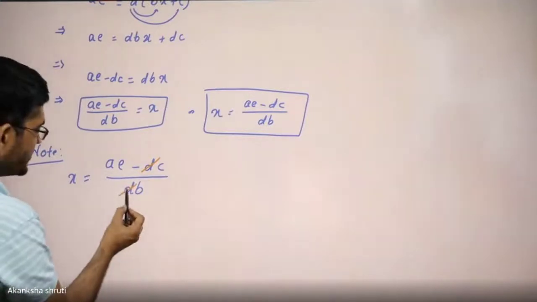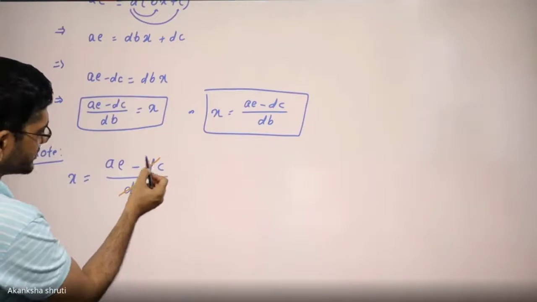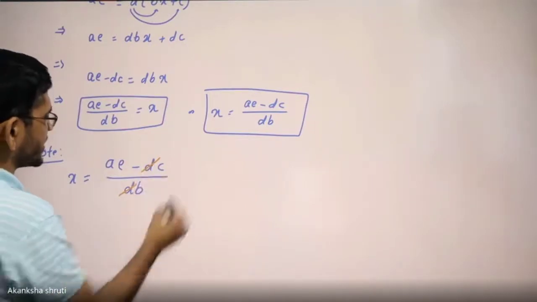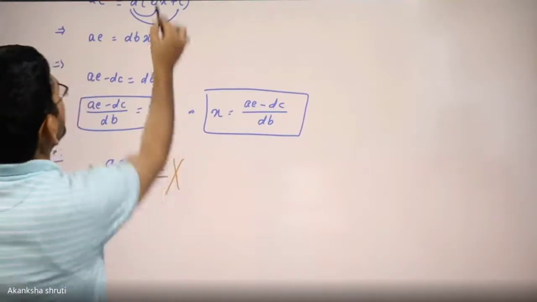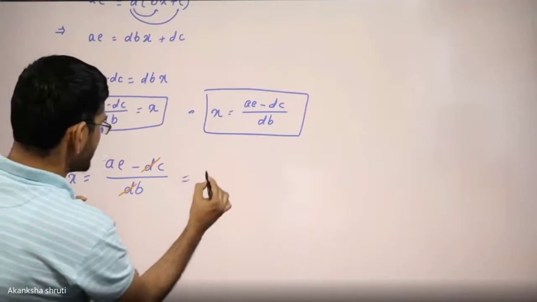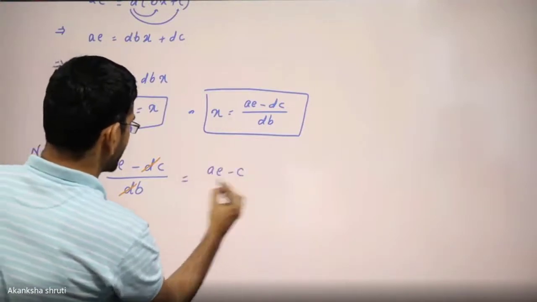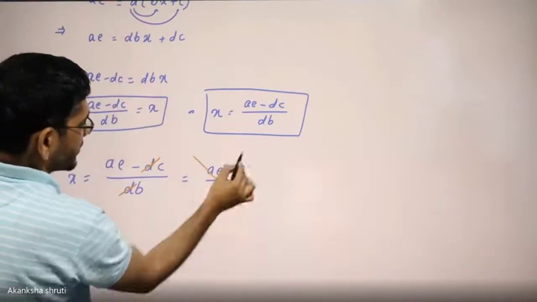Keep in mind, this d in the denominator and the d which is present in only one term of the numerator cannot be cancelled, otherwise it becomes wrong. It means simply that you cannot write this as ae minus c by b. It becomes a blunder, or wrong.